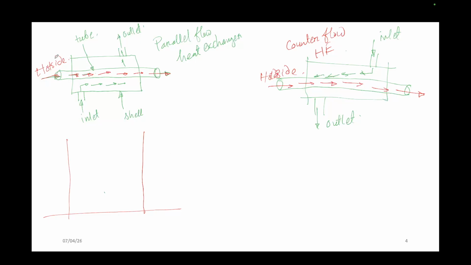If I talk about the hot side temperature, say TH, I represent the inlet as 1 and the outlet as 2. It's up to you.